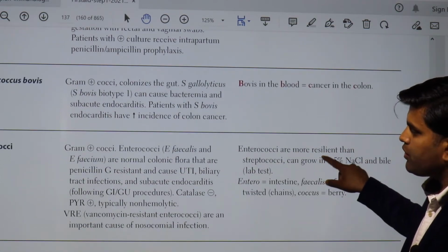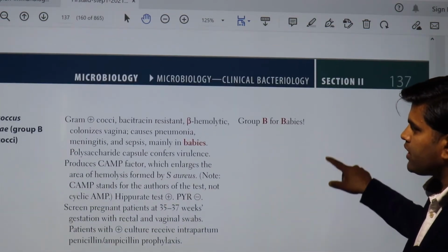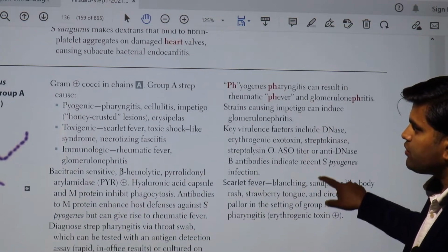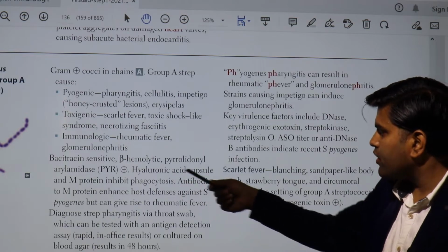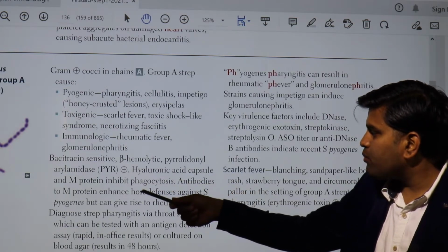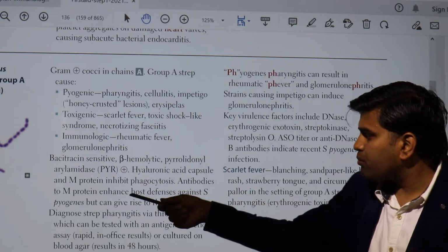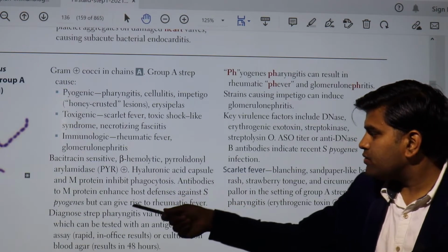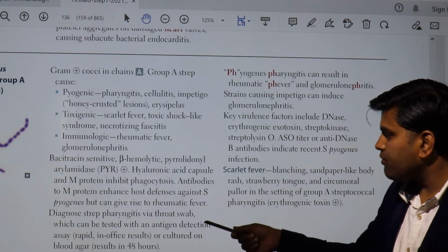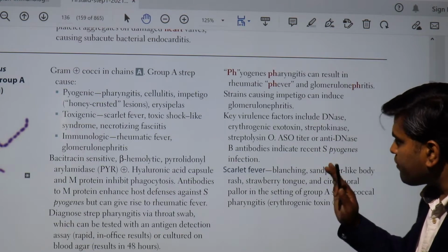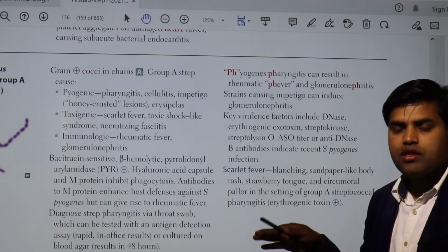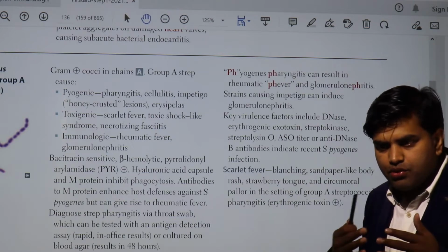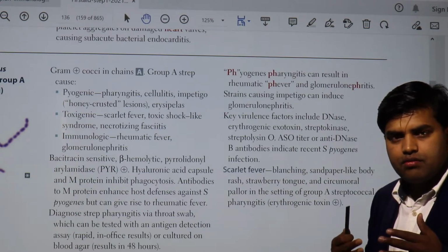And if you remember, Enterococcus bovis, Streptococcus agalactiae, then Streptococcus pyogenes, this pyogenes has a hyaluronic acid capsule and M protein that inhibit phagocytosis. Antibody to M protein enhances the host defense against Streptococcus pyogenes, but can give rise to rheumatic fever. So rheumatic fever develops due to this M protein, which helps develop the antibody.